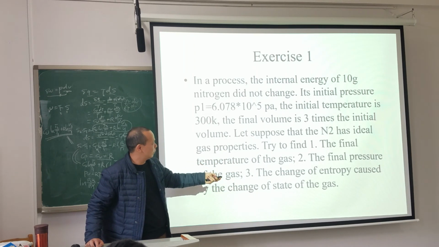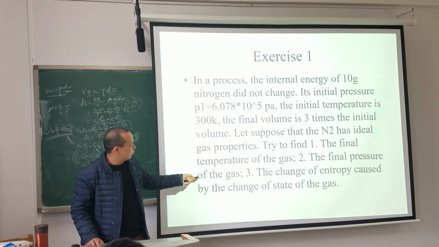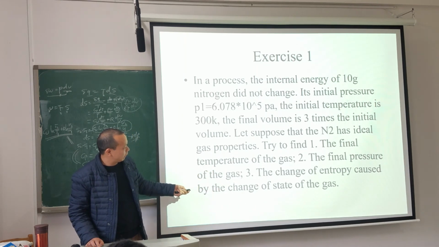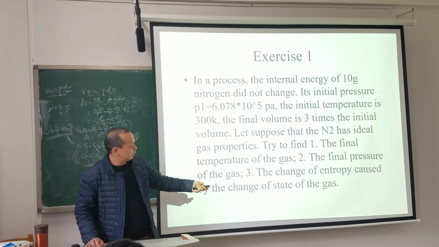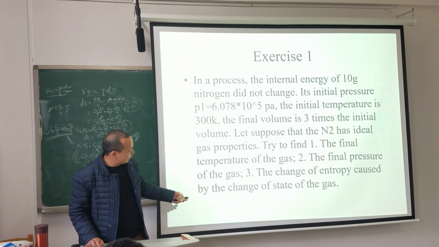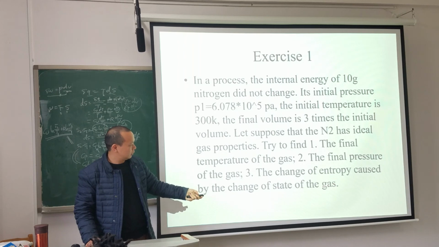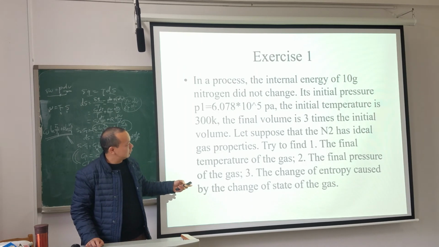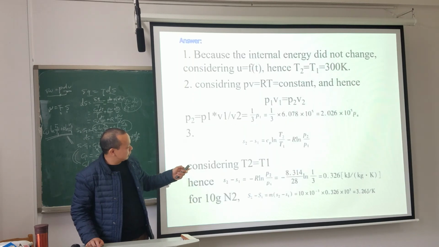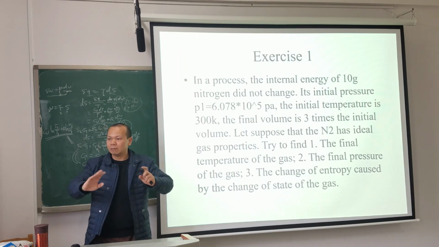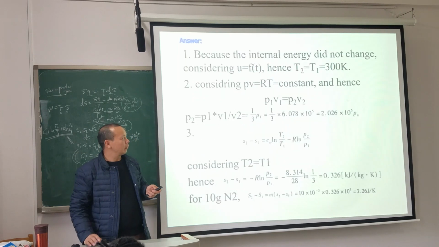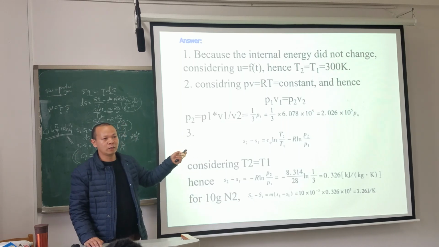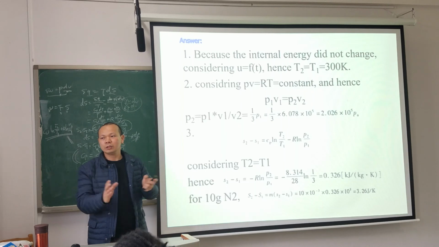Try to find the final temperature of the gas, the final pressure of the gas, and the change of entropy caused by the change of state of the gas. Maybe we can get the answer here, because we don't have enough time to read this one. When you go back home, I hope you can try to finish it by yourself.